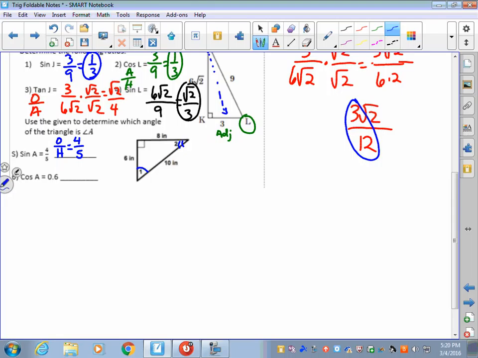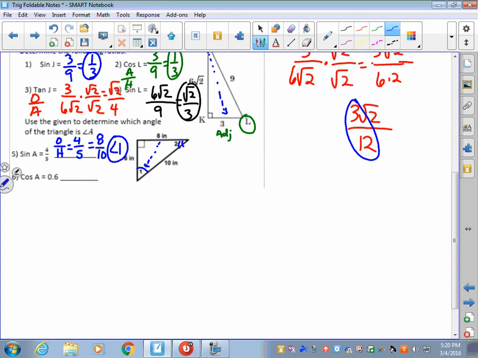We need a combination that would be equal to 4/5. I'm hoping you see that would be 8 over 10. 8 over 10 reduces to 4/5. Just double 4/5, we get 8/10. So the opposite side is 8. If I look opposite of 8, that would be angle 1. So the first one is angle 1 because sine is opposite over hypotenuse.